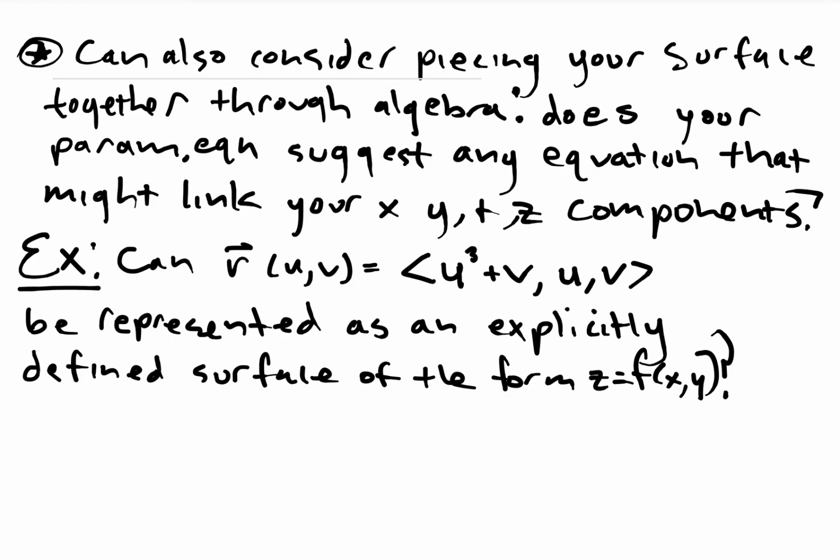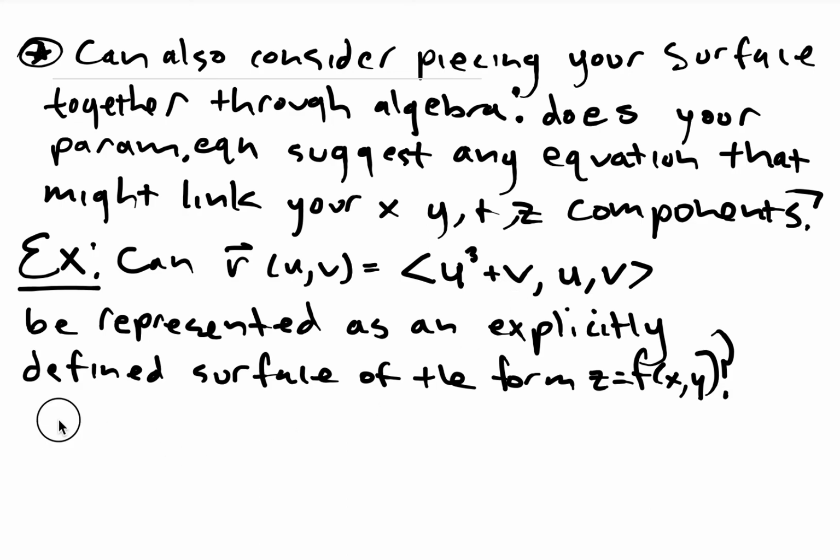Now, the way that I want to think about this is, does the parametric equation that you're given suggest any sort of equation that can link your x, y, and z components? Right? And you notice here, I don't quite have the cheap parameterization going on. I don't have u comma v comma function of u and v, so this will look a little bit different.